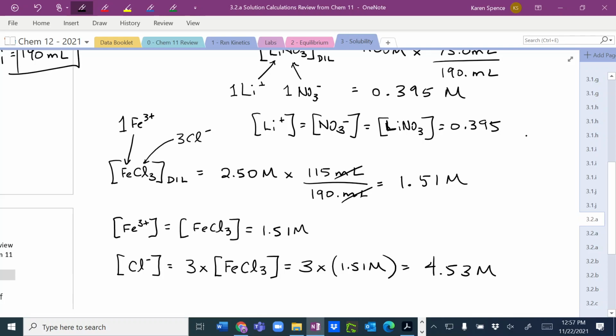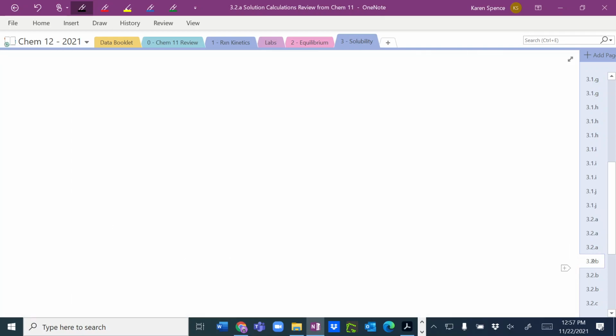We are going to be using these dilution skills today, so I'm glad that you asked about that, because we'll be totally using that in our Q calculations. Are there any other questions from 3.2a or 3.2b? I know that the answer key for 3.2b, number 4, was incorrect.